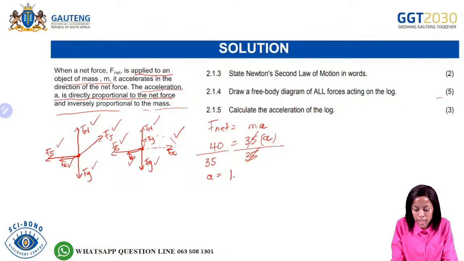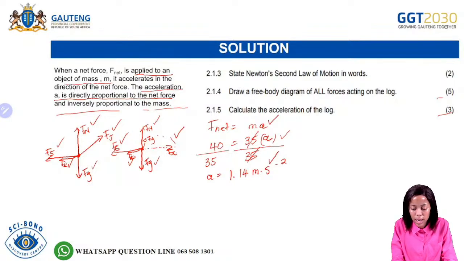In this case we are getting 1,14 meters per second squared. This one has a total of 3 marks. You would get a mark for the formula, for the substitution, and also for the final answer with the correct unit.